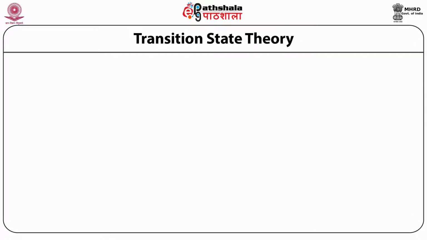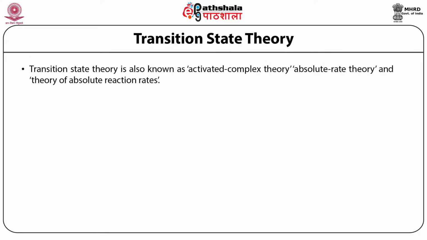After discussion of the first model, that is collision theory, the second model given for catalysis is transition state theory. Transition state theory is also known as activated complex theory or absolute rate theory or theory of absolute reaction rates.